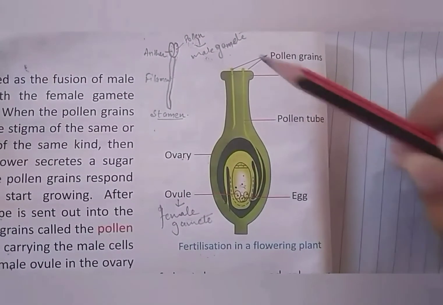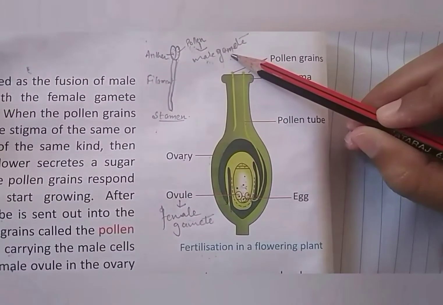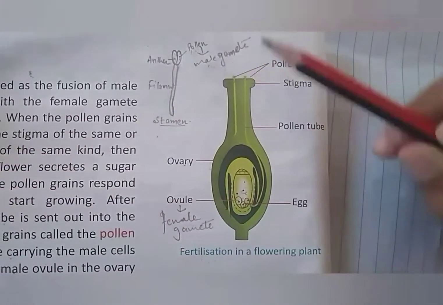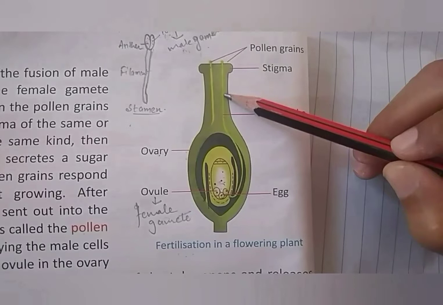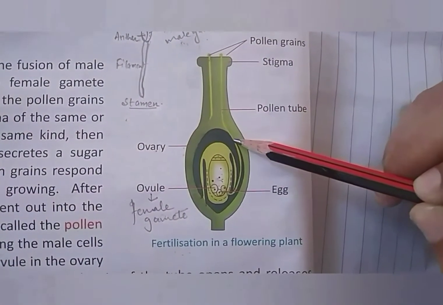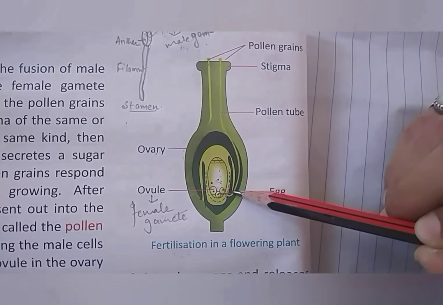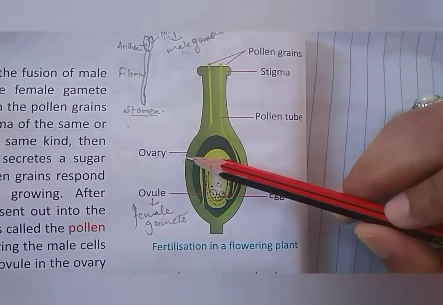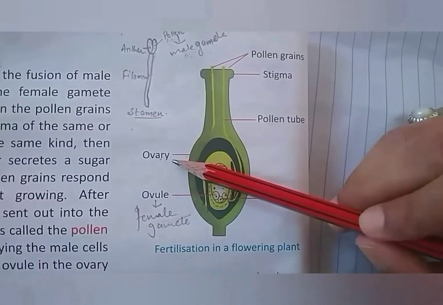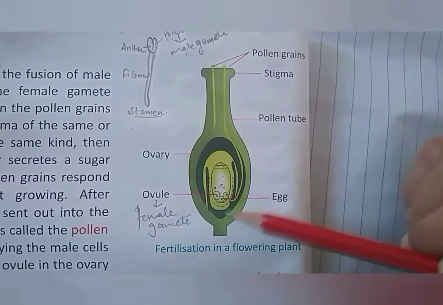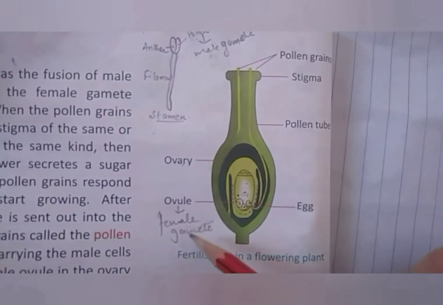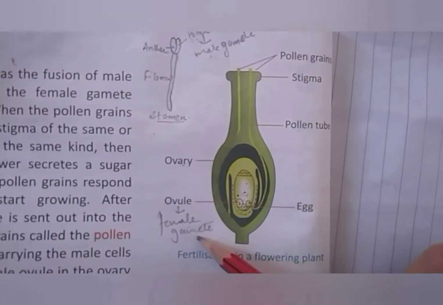Now inside the pollen tube, the male gamete is present. This pollen tube grows towards the female basal part, that is the ovary, and from the ovary it moves towards the ovule which is present inside the ovary. You can see this is the ovary, inside the ovary the ovule is present. And inside the ovule, what is present? Female gamete.